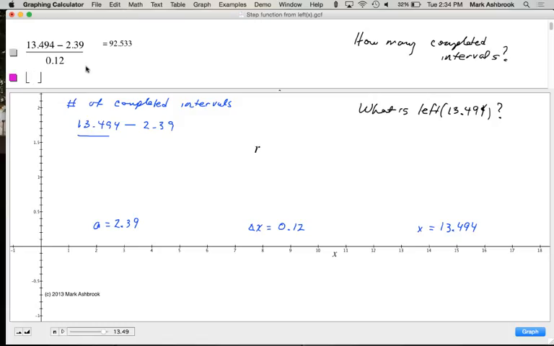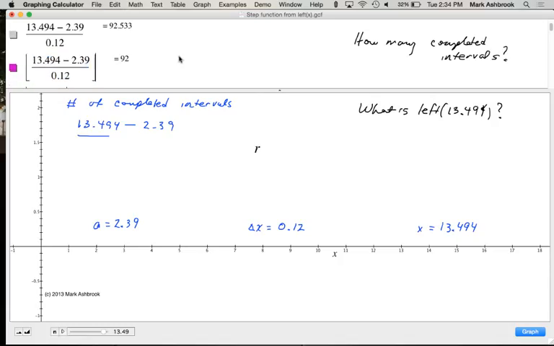So now I just copied that expression. I could just put in 92.533. And look, what does it tell us? It chops off the 0.533 and makes it 92. So the floor of x is 92.